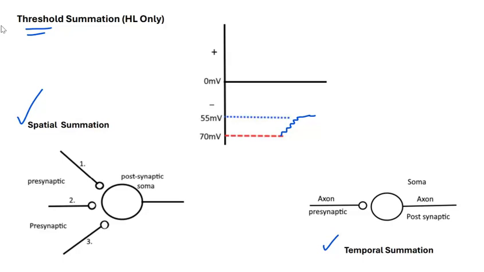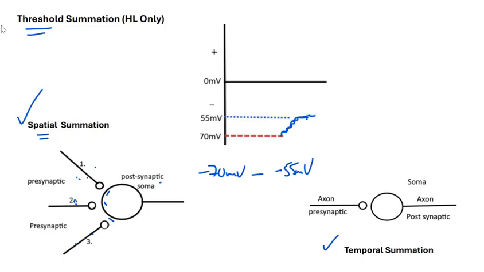In spatial summation, the postsynaptic soma is in contact with a number of different incoming nerves from the central nervous system, in my case here showing 3, and so each of those would contribute to the charge change from minus 70 millivolts to minus 55 millivolts threshold. So that's a spatial arrangement of different number of neurons.